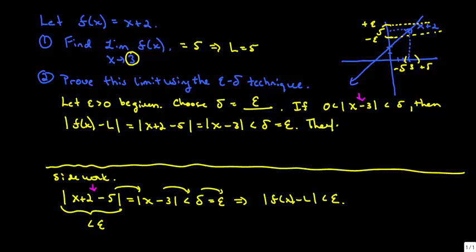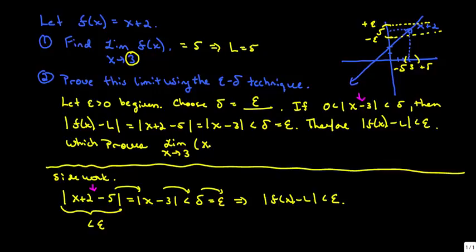Therefore, the absolute value of f of x minus L is less than epsilon, which proves that the limit as x approaches 3 of x plus 2, or f of x, is equal to 5.